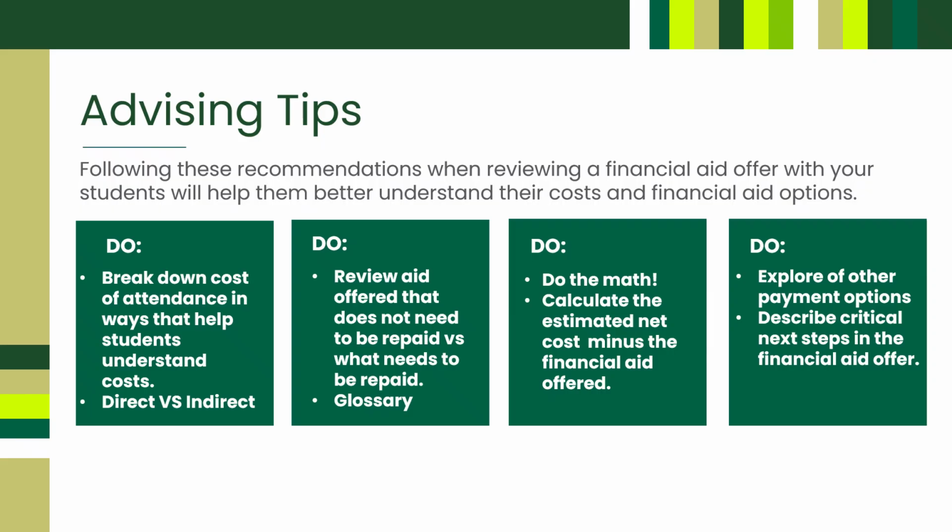Review other aid options the schools offer, which could include payment plans, federal or private loans, private scholarships, or out-of-pocket payment options. Lastly, review next steps and important dates and deadlines. Each school will have their own financial aid requirements and deadlines, including accepting aid, completing aid requirements, and billing due dates.